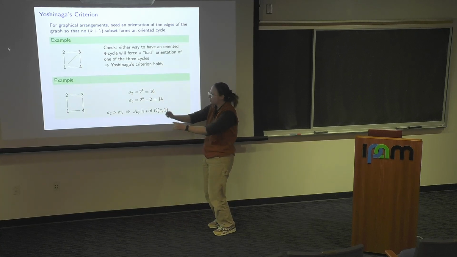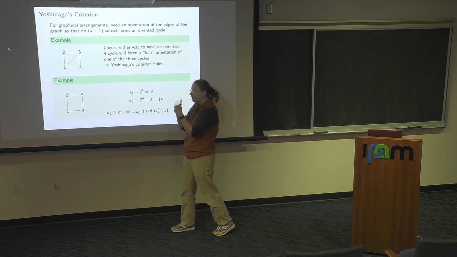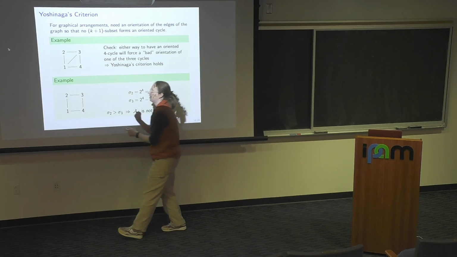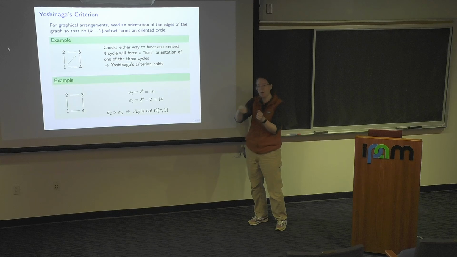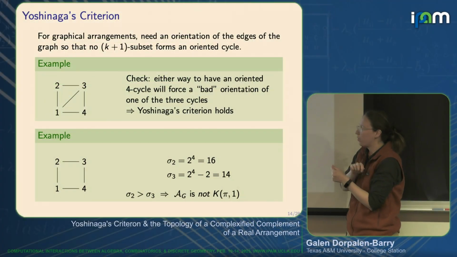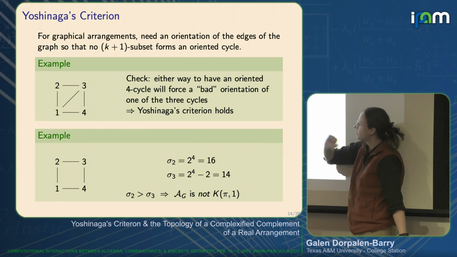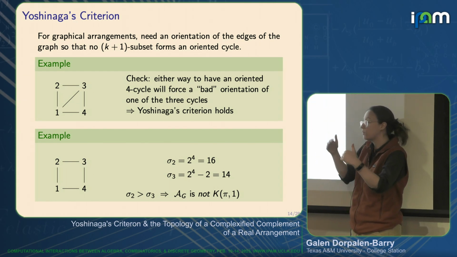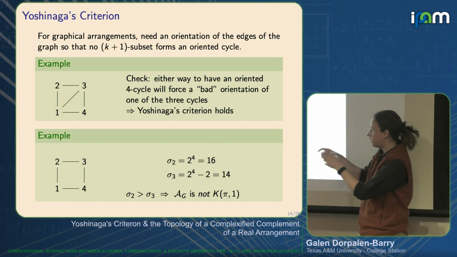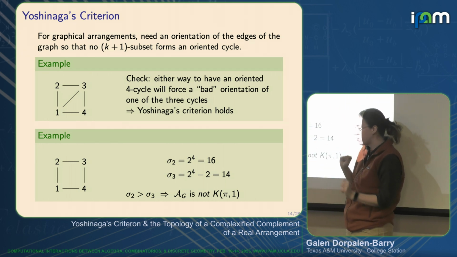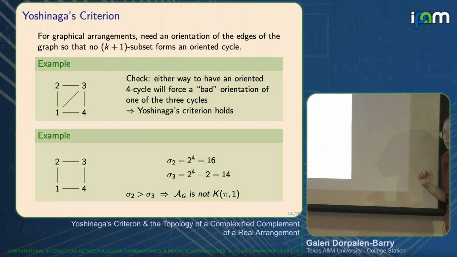But when you go up to sigma 3, you're now looking at 4 and smaller cycles, and the problem is you have 2 orientations of this cycle that you could choose that allow you to drive forward and back without going backwards along an edge. So sigma 2 is 16, sigma 3 is 14. Since those numbers are different, they're always decreasing, it tells us that this graphical arrangement does not satisfy Yoshinaga's condition and can't be k pi 1.